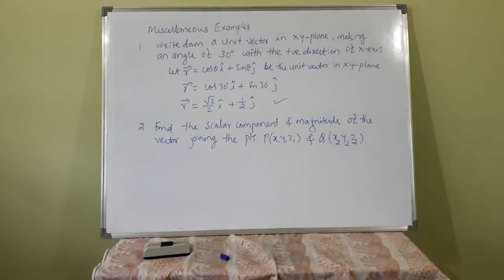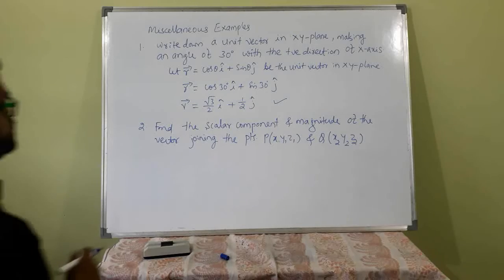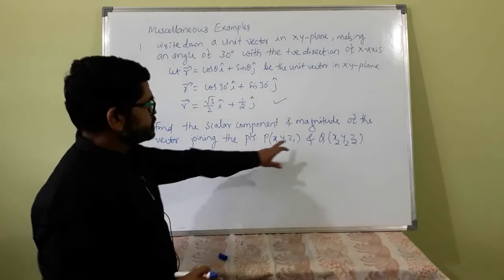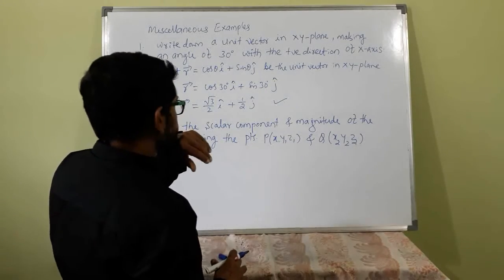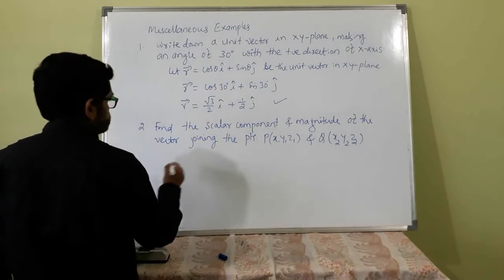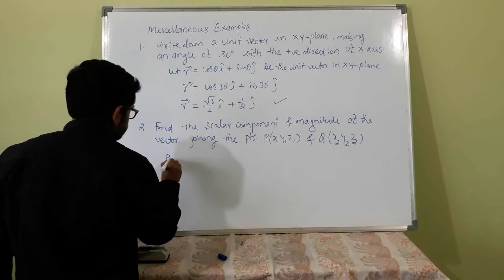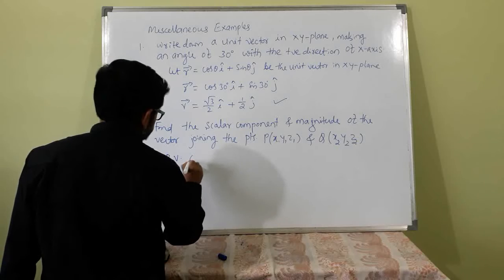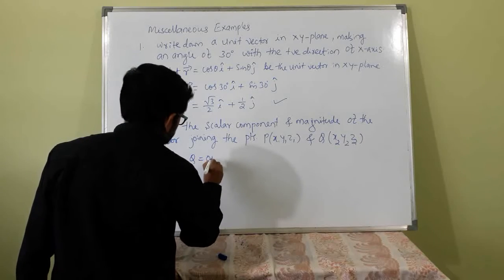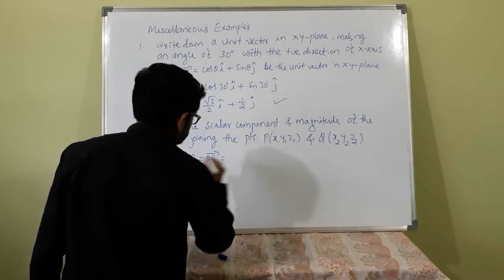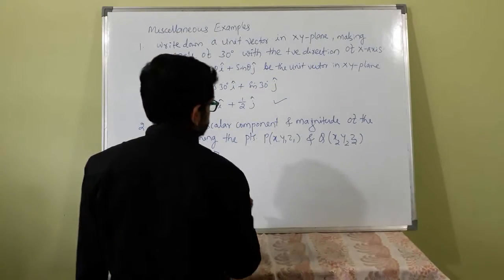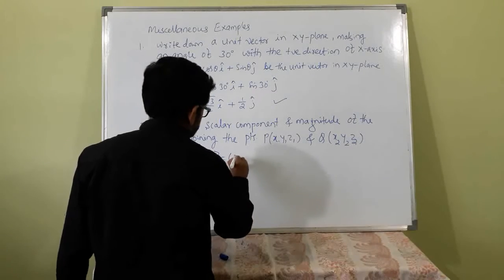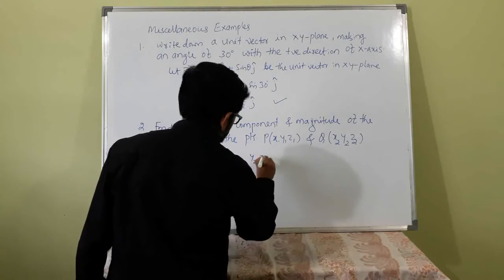Is it okay? Second one is, find the scalar component and magnitude of the vector joining the 2 points P and Q. See, position vector of Q is OQ is equal to x2, y2, z2.